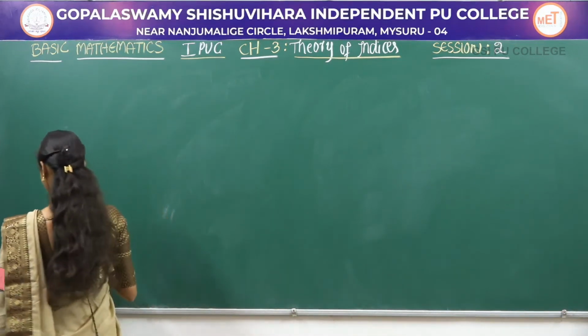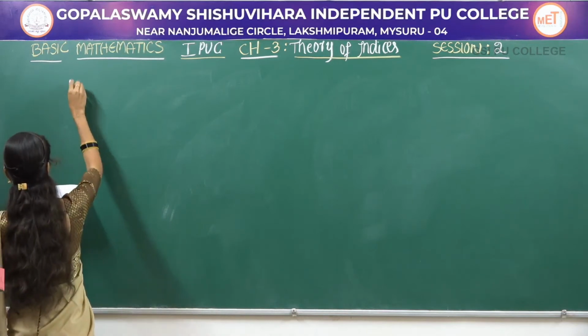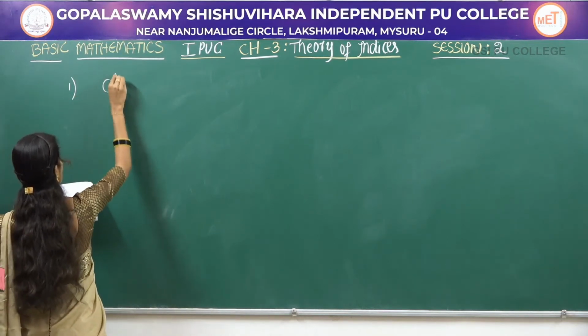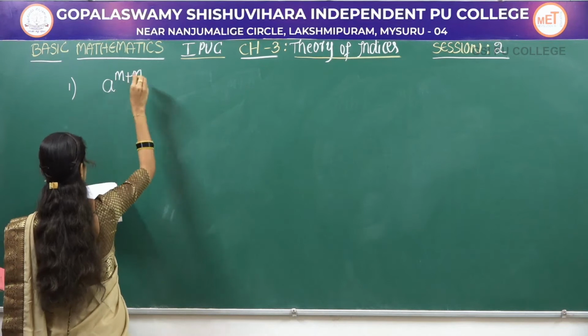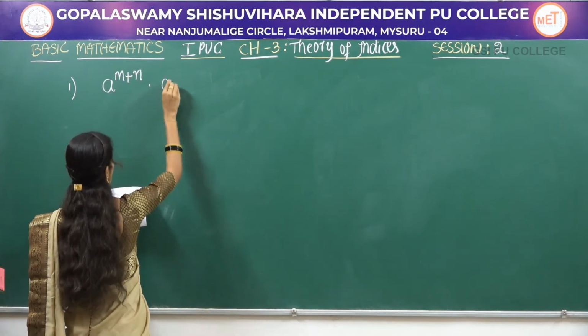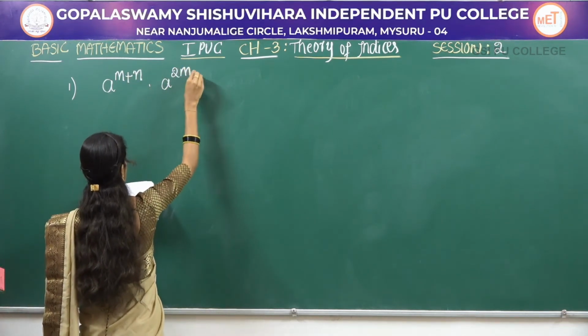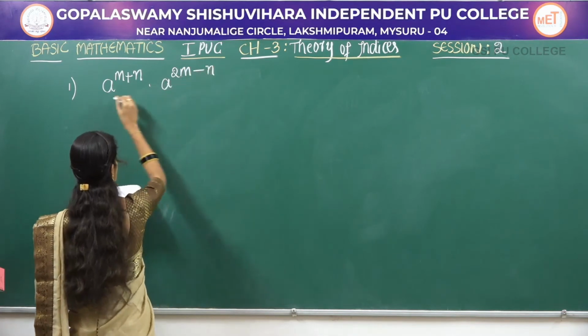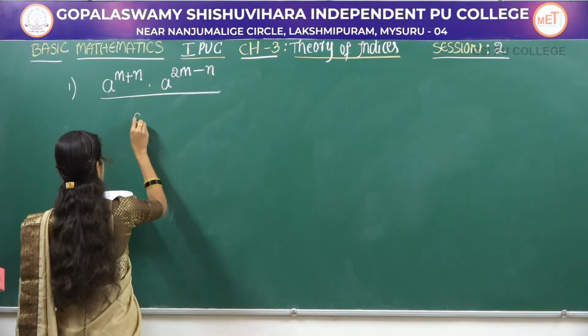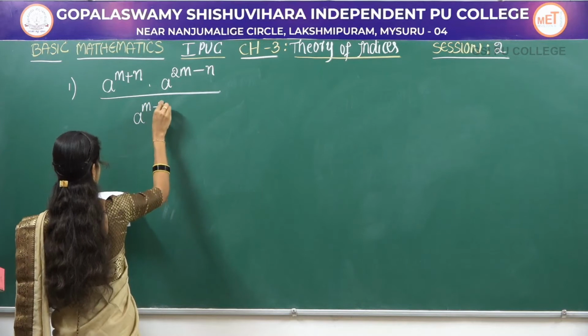First one: a to the power of m plus n into a to the power of 2m minus n divided by a to the power of m minus n.